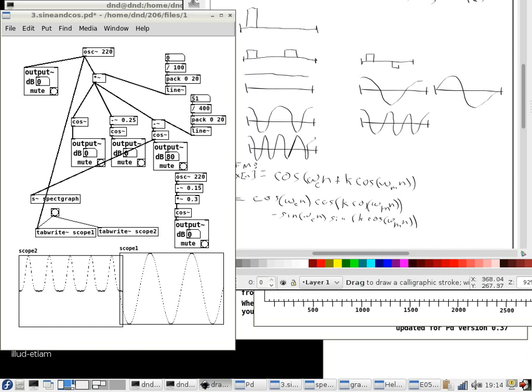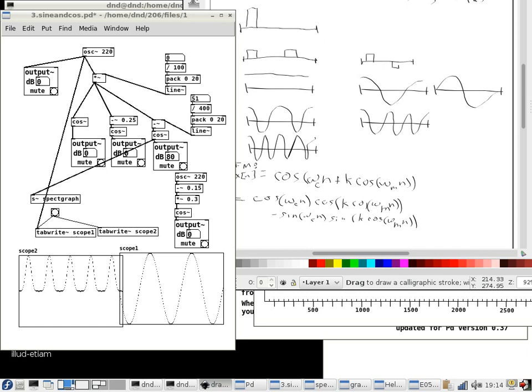So this here is a harmonic sound whose fundamental frequency is twice omega m, because this is an even function. So it doubled the frequency. And this is omega c, so the component frequencies there are going to be multiples of 2 omega m plus or minus omega c.